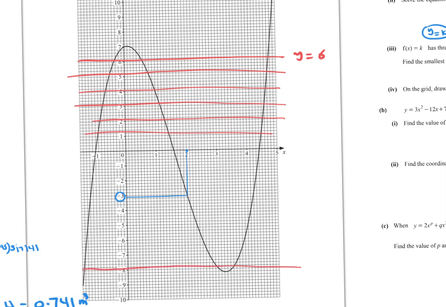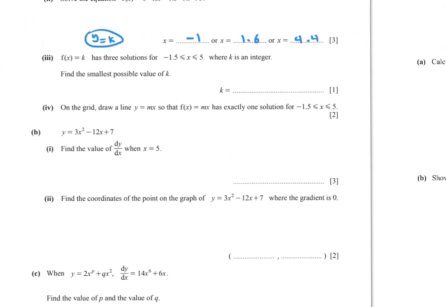Because negative 8 is the least value for k such that the horizontal line intersects the curve at 3 points. This is 1, 2, 3. So negative 8 is the least value. Understood? So k is negative 8.